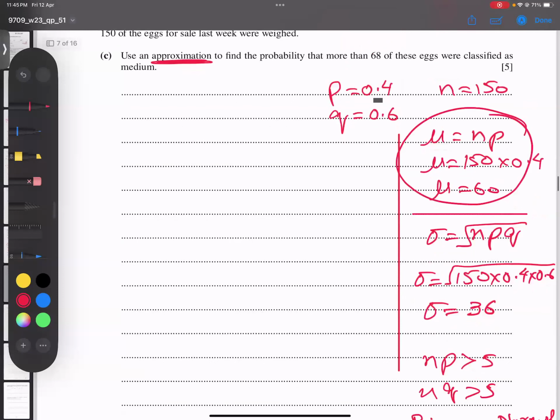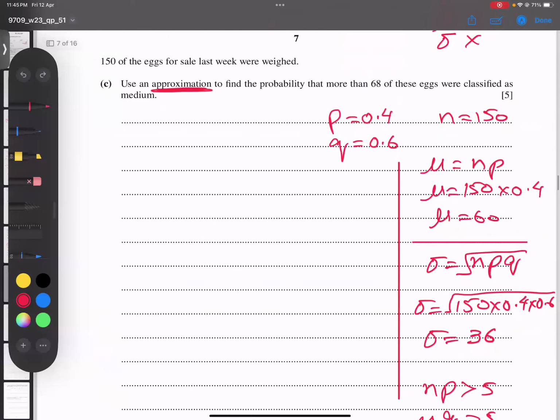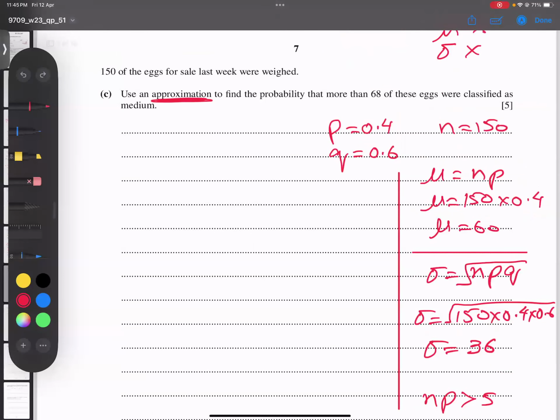Job number 1, find the new mean and the new deviation, which I found, and I will do continuity correction. So how to do continuity correction? He said more than 68. So the probability mass, or weight, is more than 68.